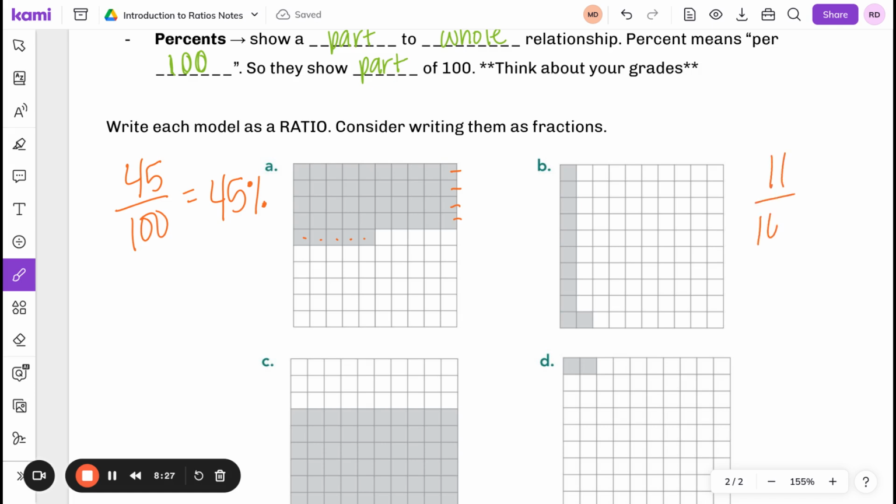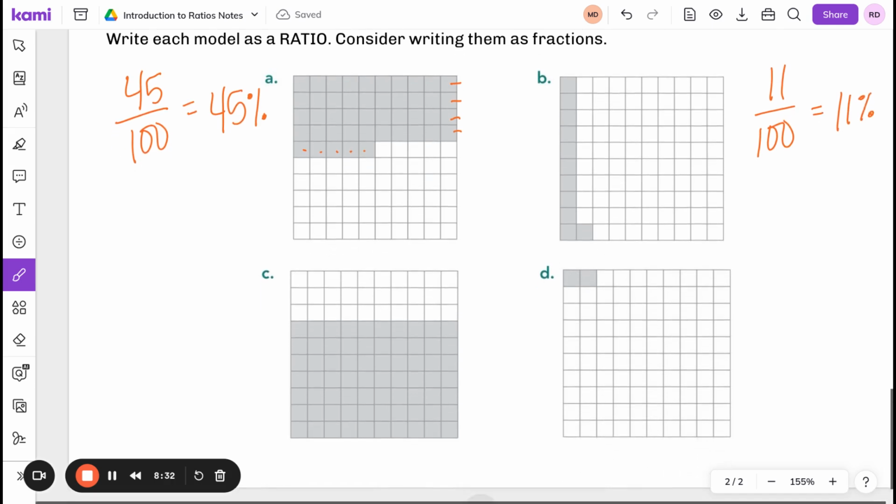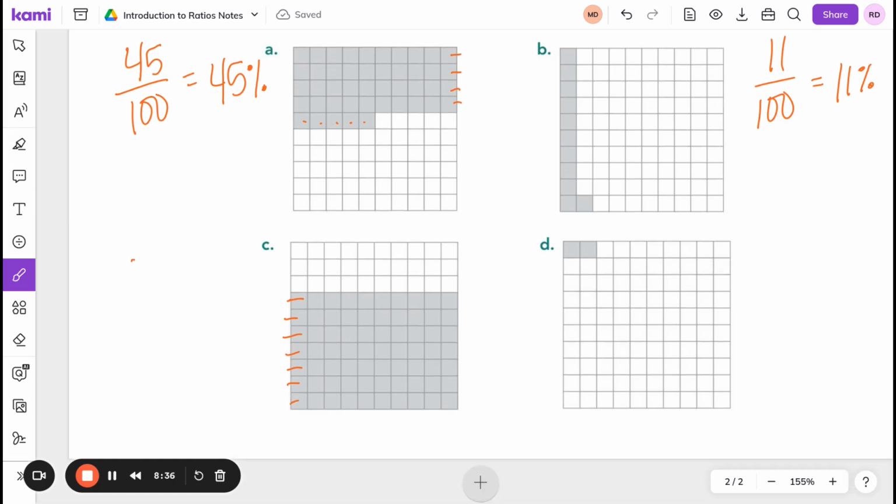B, you have 11 out of 100, which is 11%. 4, 5, 6, 7. You have 70 out of 100, which is 70%. 2 out of 100, which is 2%. For each of these, you could simplify that ratio, but you don't really have to yet.